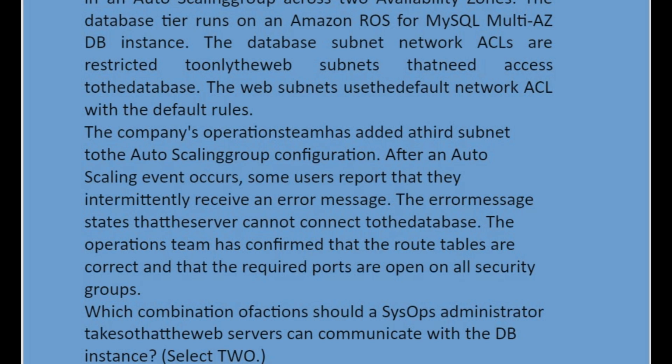The operations team has confirmed that the route tables are correct and that the required ports are open on all security groups. Which combination of actions should a SysOps administrator take so that the web servers can communicate with the DB instance? Select two options.